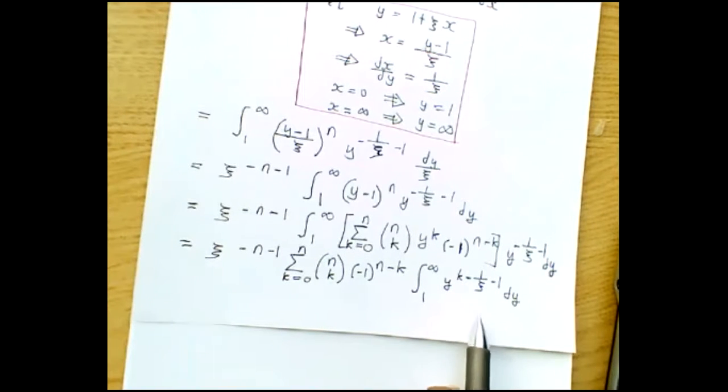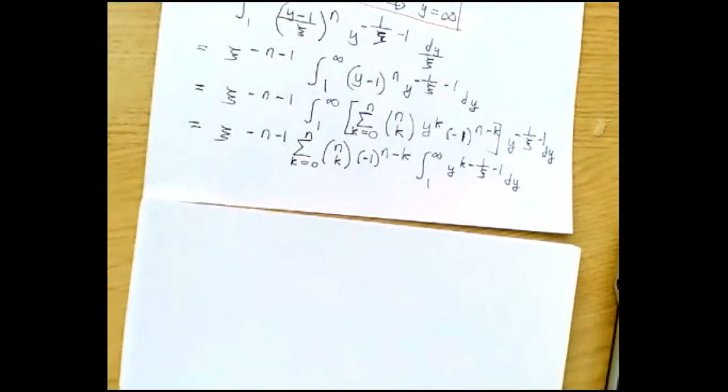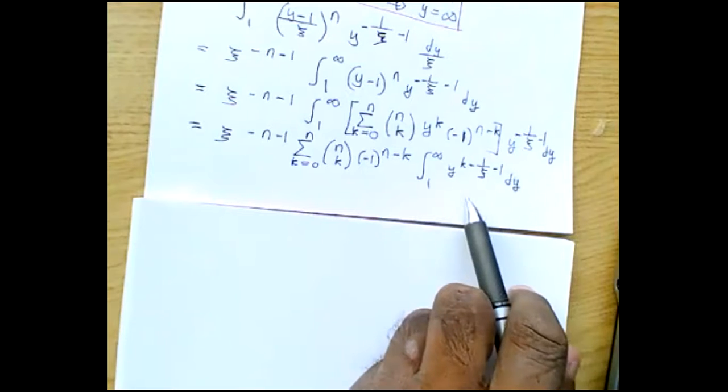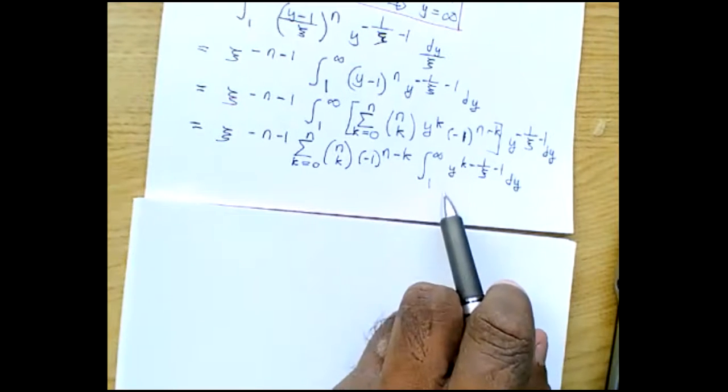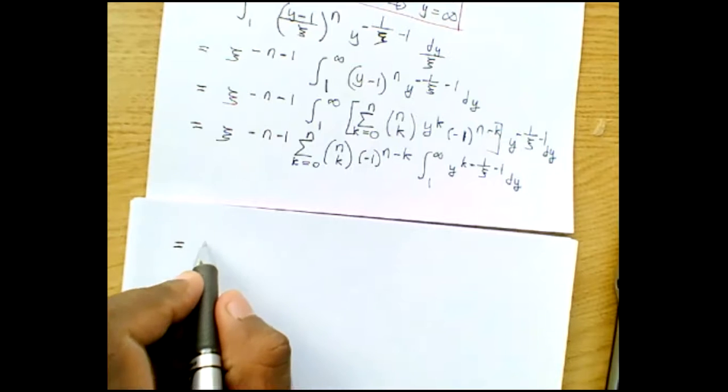Now the integral of this is not difficult, so let me show you. If you integrate this with respect to y and take the limits, this is what you will get.